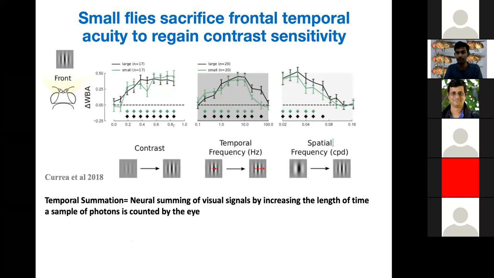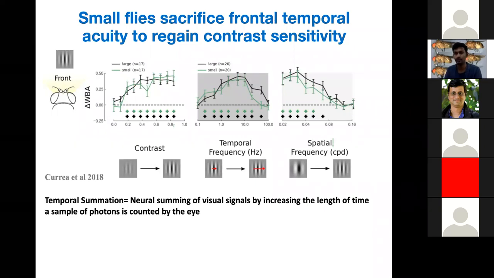This is a very interesting finding. It also relates to flight. You would not see temporal summation in insects that flew fast. Drosophila, on the other hand, hover a fair bit, which means that temporal summation is possible because they are so steady relative to their environment when they're flying.